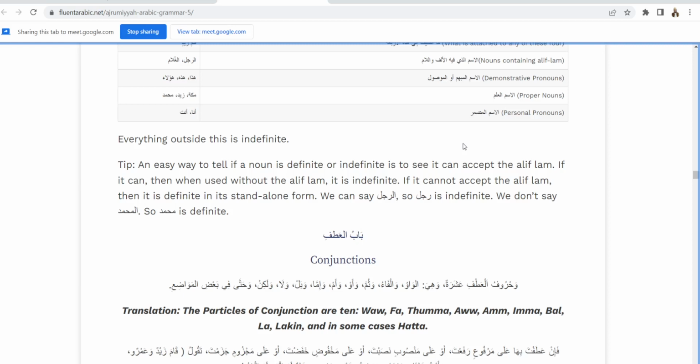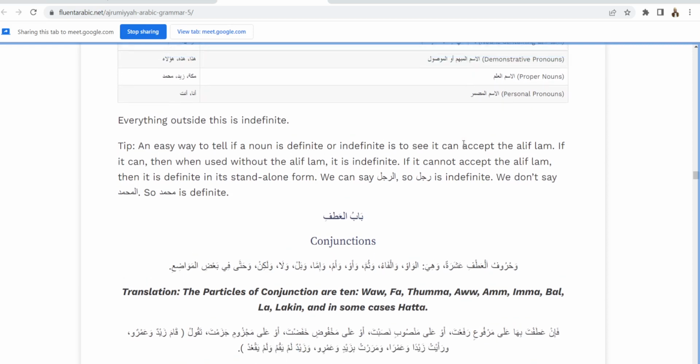These are the main sources of Arabic. So those who know the Quran can understand everything, because most vocabulary is there.